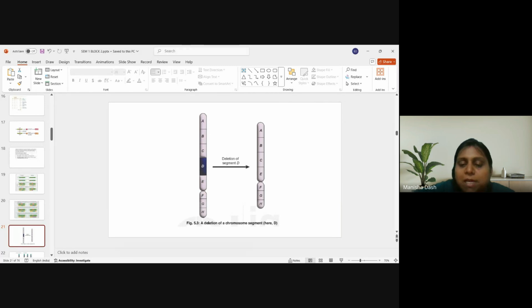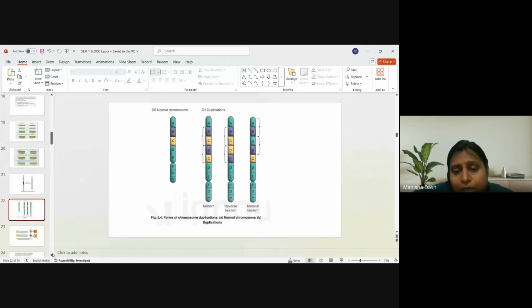Similarly, there will be a duplication. As the name indicates, a segment of the gene could be duplicated. If the sequence of the duplication is the same, that is called a tandem duplication. If the duplicated sequence is attached in a reverse manner, like here it is B and C, but when the duplicated segment is attached, it is C and B, this is called reverse tandem. And if the duplicated part is attached at the end terminus of the chromosome, that is called a terminal tandem.